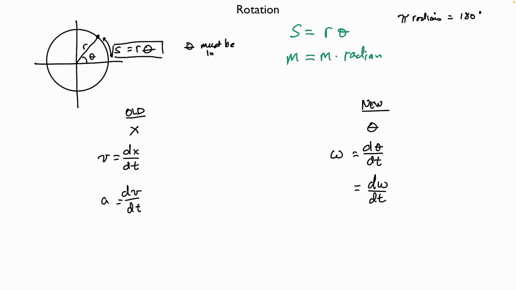What are we going to use? Oh, if only there were a Greek letter that was like an A. Ooh, alpha. Looks like a fish. So those are the symbols that we're going to use when we're talking about angular velocity and angular acceleration.